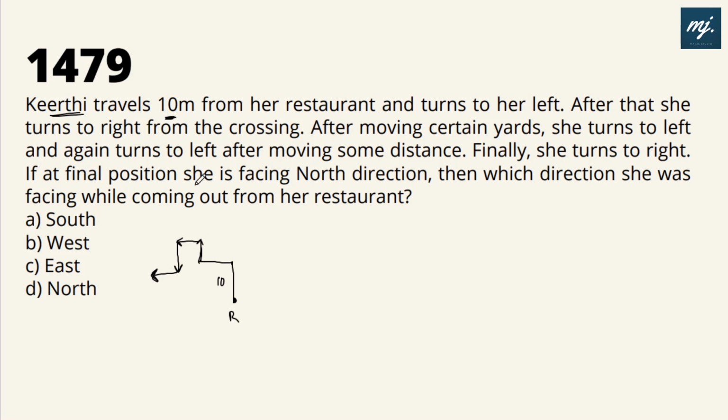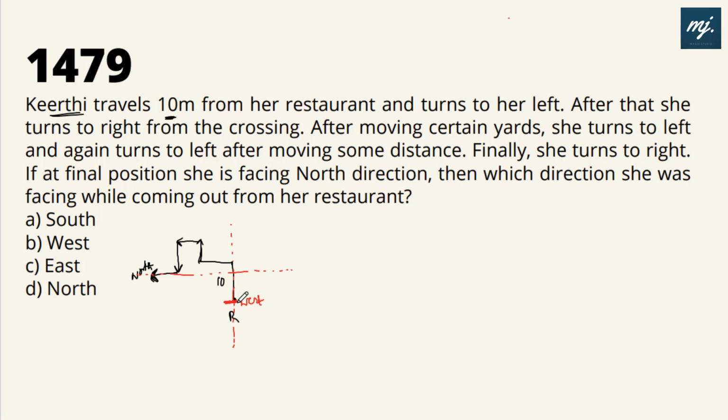If at final position she is facing north direction, then which direction she was facing while coming out from the restaurant? Now it said that this is north. And if this is north, restaurant is in the west.